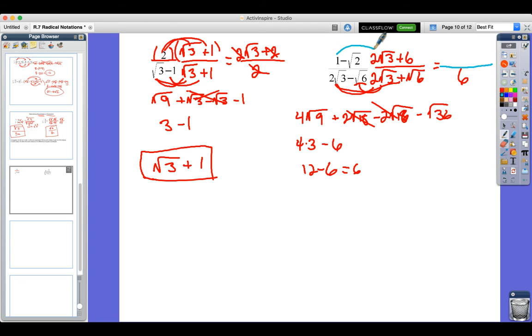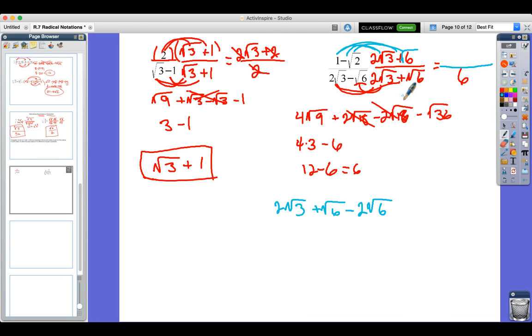But so we still distribute. So you get 1 times 2 radical 3 would be 2 radical 3. 1 times radical 6. Ooh, I forgot square root. 1 times radical 6 is radical 6, of course. Negative radical 2 times 2 radical 3 is negative 2 radical 6. Remember, you multiply your radicals with radicals.